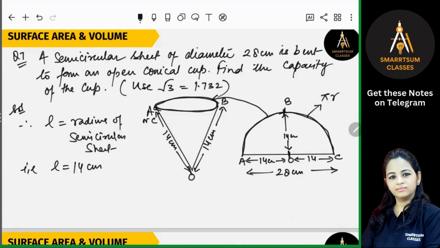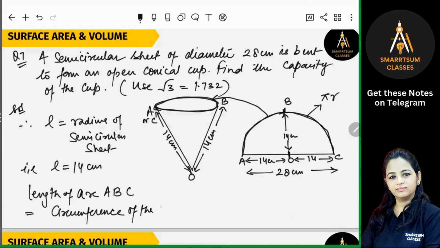So what will it be? The length of arc ABC, which is actually equal to the circumference of the base of the cone, is equal to pi into r, right? Is that clear? So pi is 22 by 7 into r is 14.